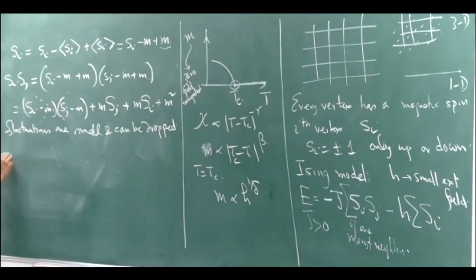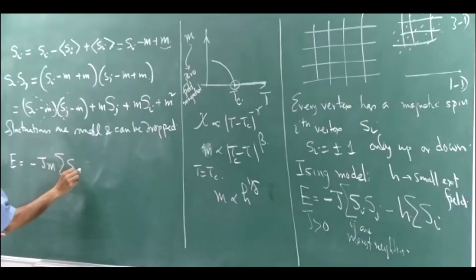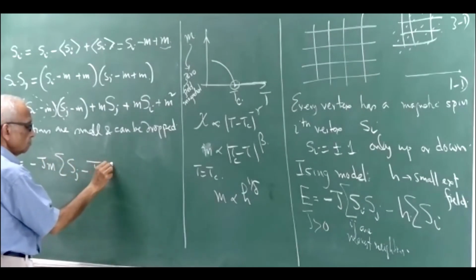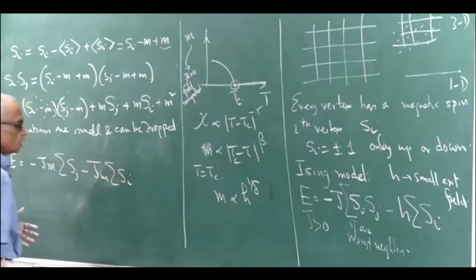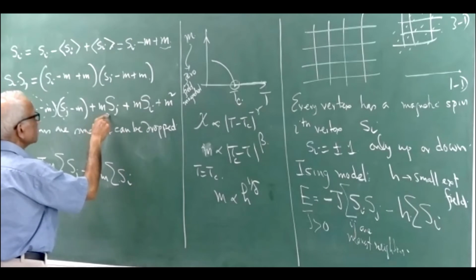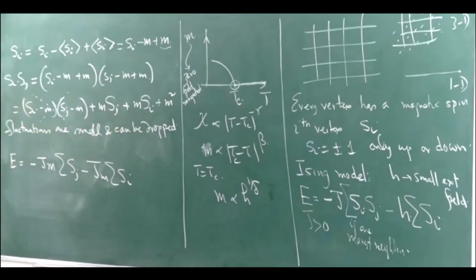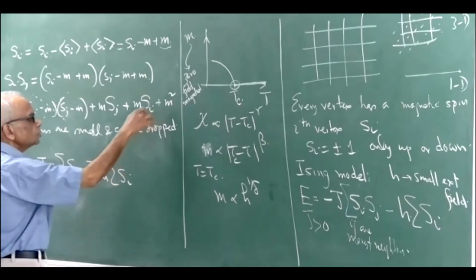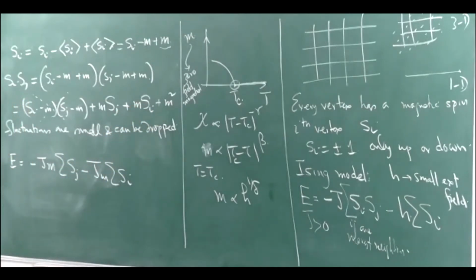I reduce the energy expression to e to the power minus J M summation S_j minus J M summation S_i, and then there is the minus h S_i. M squared is a constant, so it's not going to play any role for me.